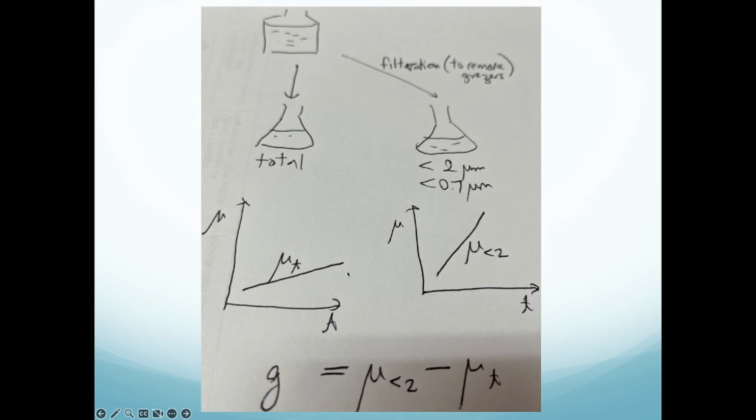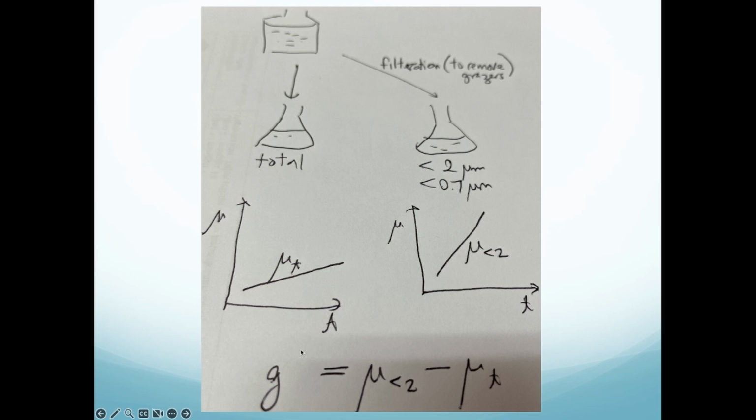What we will observe is that the bacterial growth rate in the less than 2 micron fraction should be higher than the total fraction, because here the bacteria is under grazing pressure, under top-down control, whereas here the bacteria grows without any top-down control.